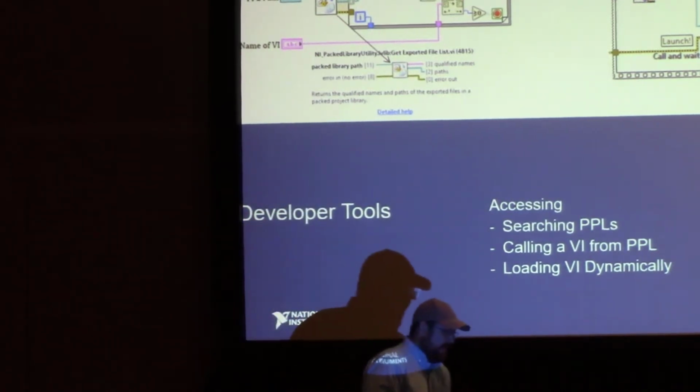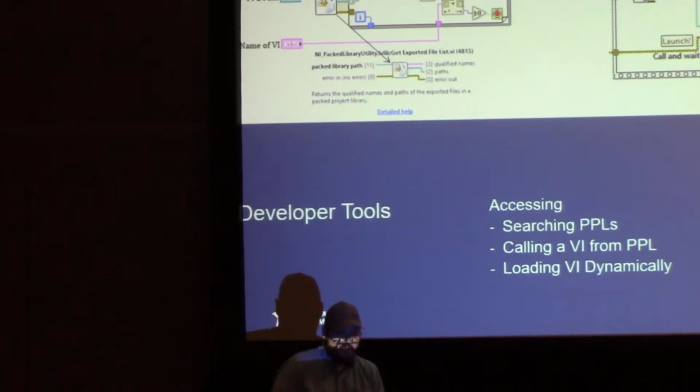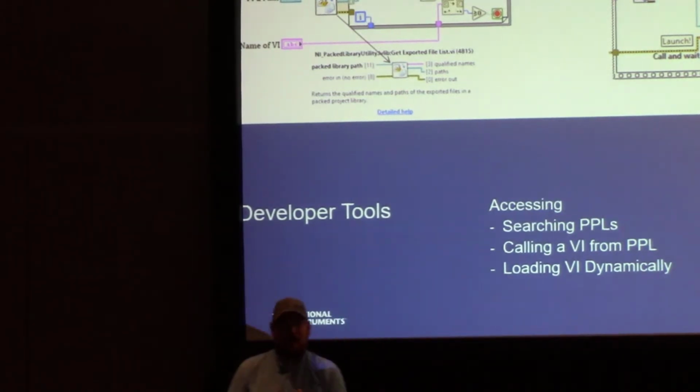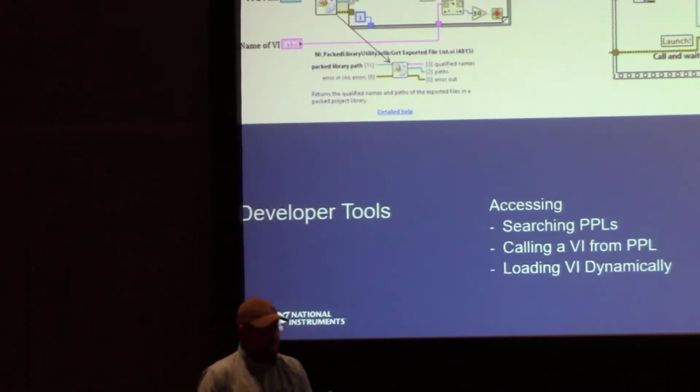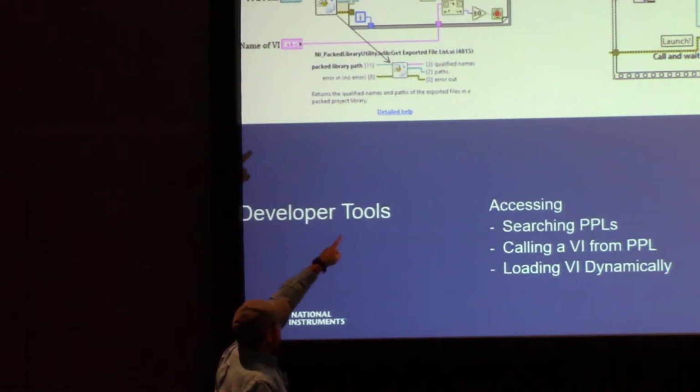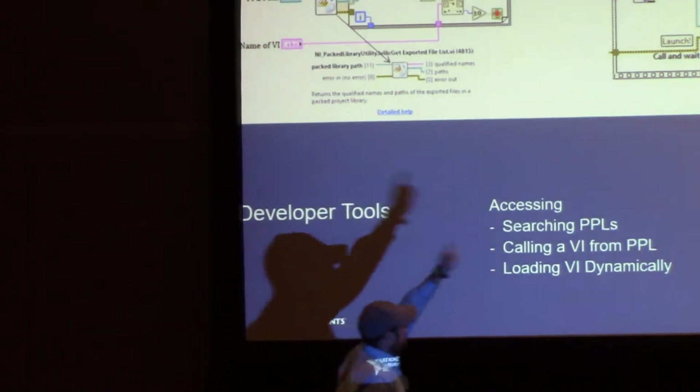If you know where the Pack Project library is on your computer, and you know the name of the VI, assuming that you have discrete names for VIs, or at least a unique enough name that you can search for it, you can then open up the list of all of the resources that are in that Pack Project library, find the VI that you want, get the file location of it, and then use that to do a dynamic launch.